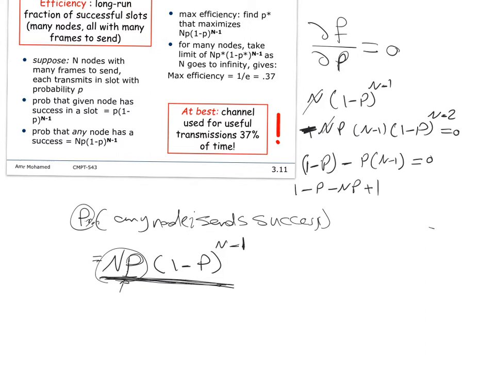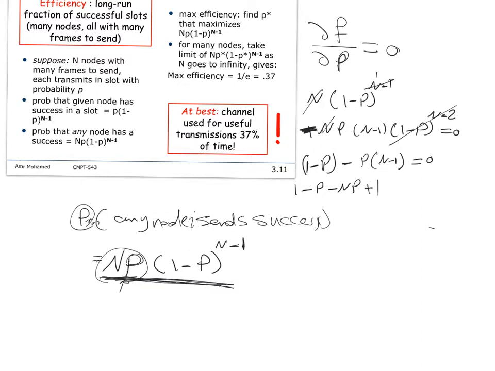Here, n is gone, and then 1 minus p minus p times (n minus 1), and this is gone, and this will be 1.